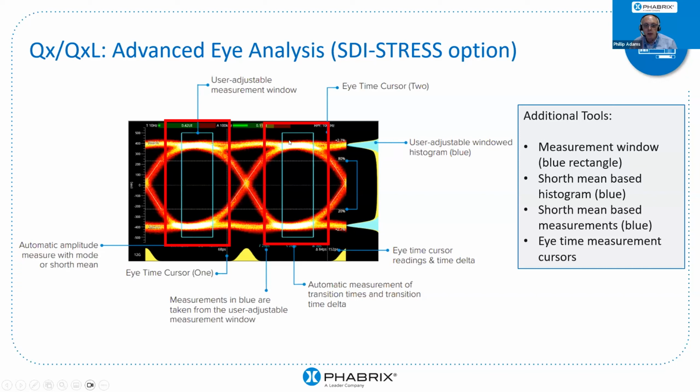This is a windowed method that uses pixels within a particular rectangular window. You position it on the eye waveform according to where the best indication of eye amplitude will be. And it creates this new blue histogram, which is the Shorth mean histogram, alongside the original histogram. And you can use that as an alternative method for measurements.